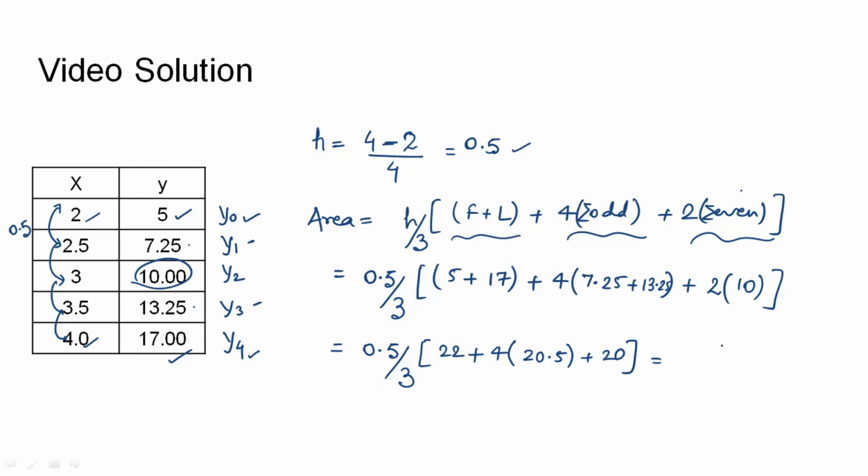This would essentially give us 124 over 6, which is around 20.67. And since the question asks us to round it off to 2 decimal places, we can leave it as it is.